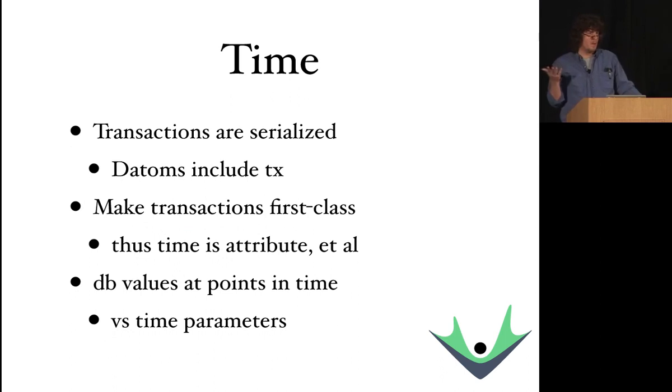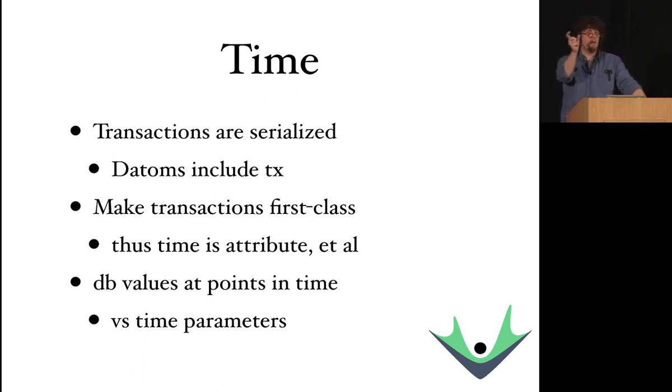Okay, so how do we deal with time? Well, one way would just be to put like a time of day timestamp on every fact. But it ends up that, as you'll see in the rest of the system, because transactions are serialized, they're as good a universal timeline as anything else. So instead of putting the time of day on the datums, we can put the transaction they were part of and associate the time of day with the transaction.